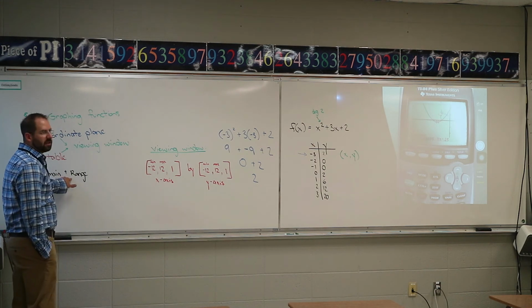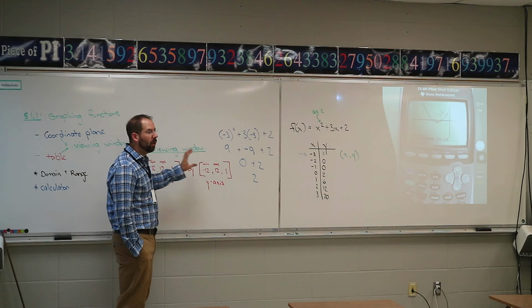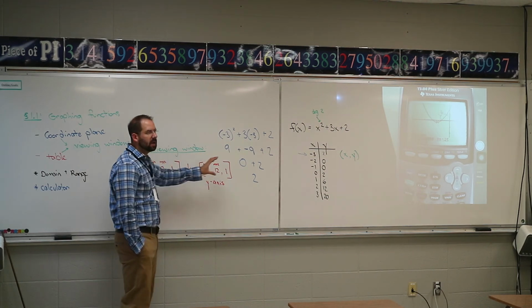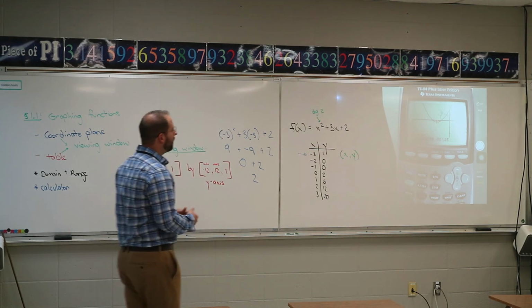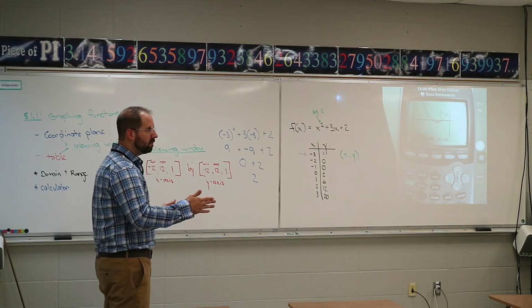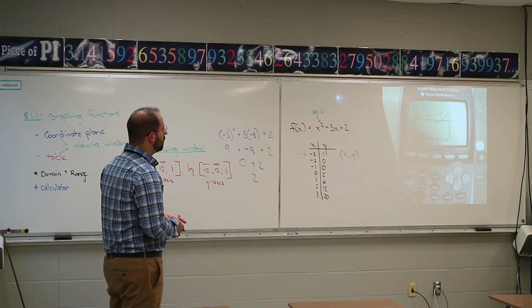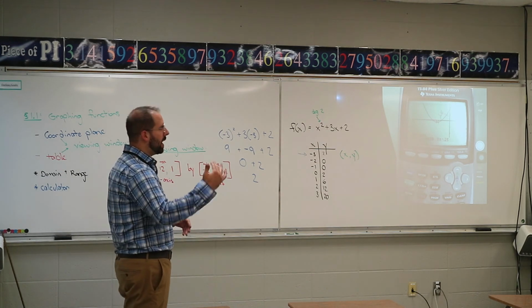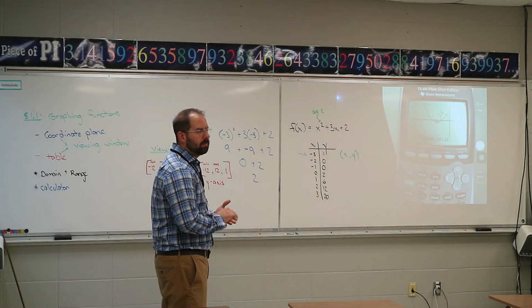But this domain and range idea is directly based on what you thought the viewing window is. If you know where the graph starts and stops, then you have an idea of what viewing window you want to look at, and that helps you figure out domain and range, because you know what your minimum number and maximum number are going to be. That's something we're going to look at next time.